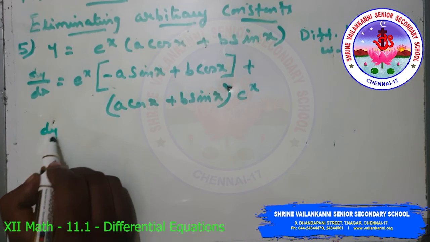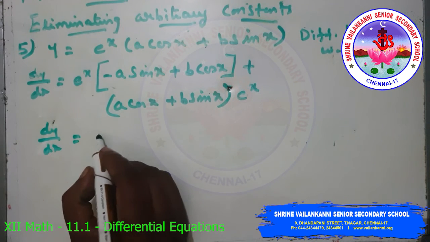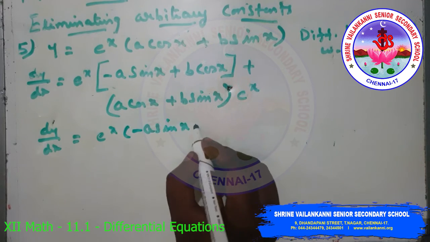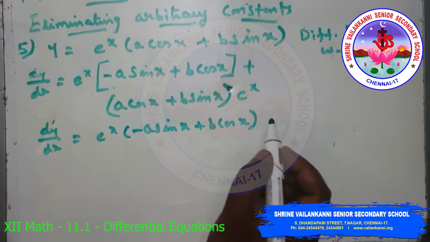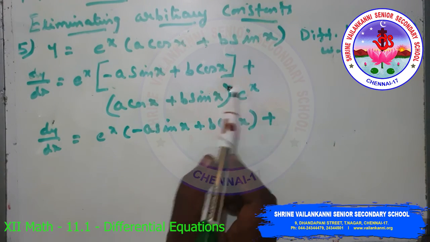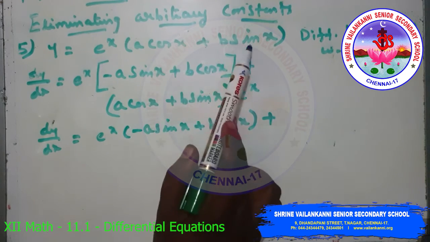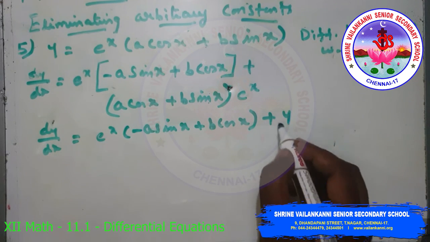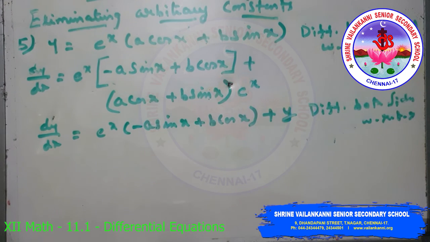So dy by dx is equal to e power x into (minus a sin x plus b cos x) plus e power x into (a cos x plus b sin x), which is nothing but y. So I can rewrite this as plus y.